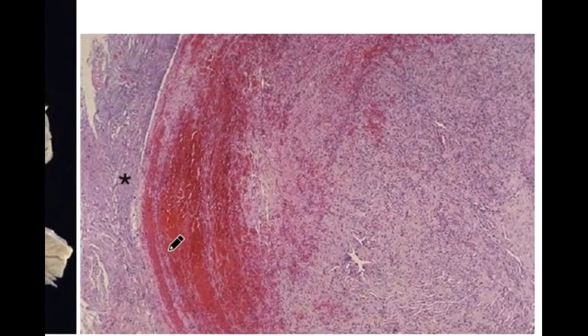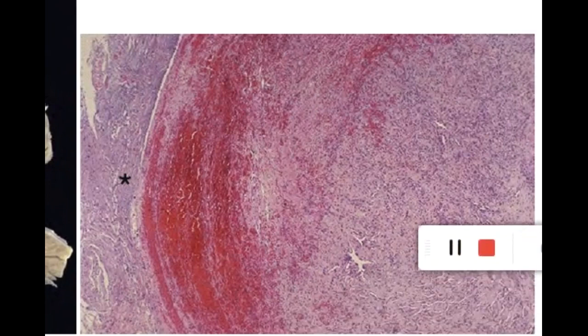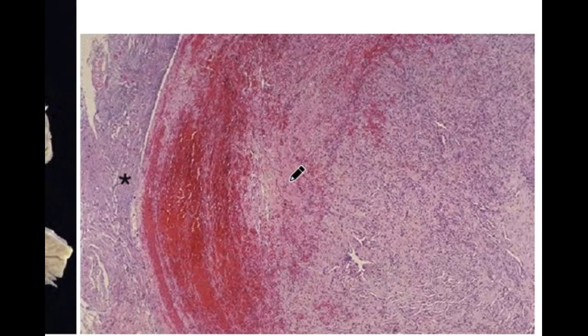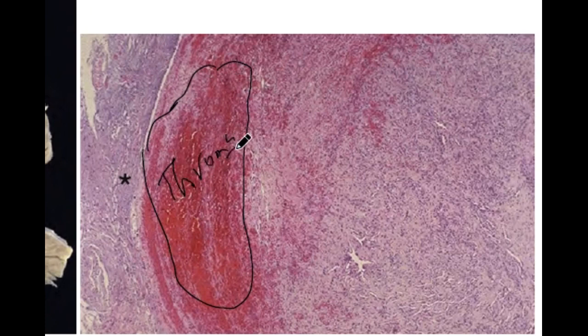So this is the microscopic structure which is showing the phlebothrombosis. This is the cross sectional area of a vein. This is the vein and this is the muscular wall of the vein, and here you can see the thrombus which is displayed in the wall of the vein. In the thrombus you will see some light lines.